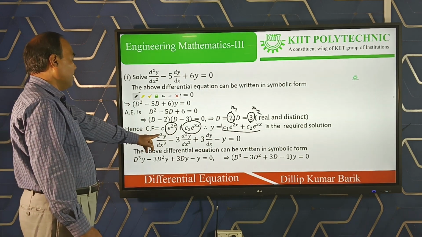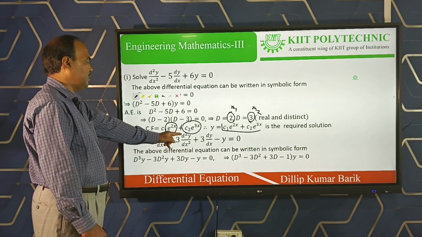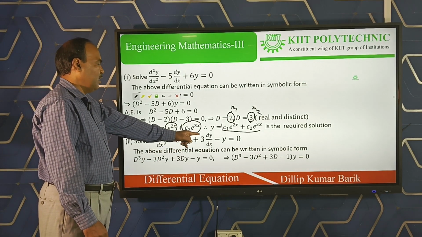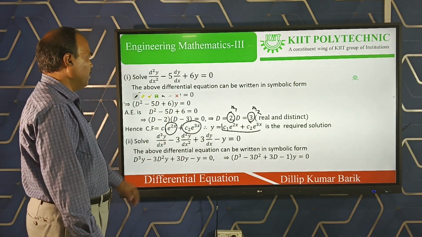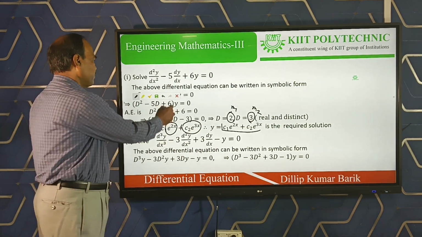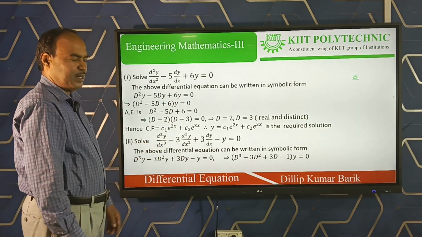Suppose d³y/dx³, which is the third derivative, - 3 d²y/dx² + 3 dy/dx - y = 0. Exactly the same process. First we write the symbolic form.